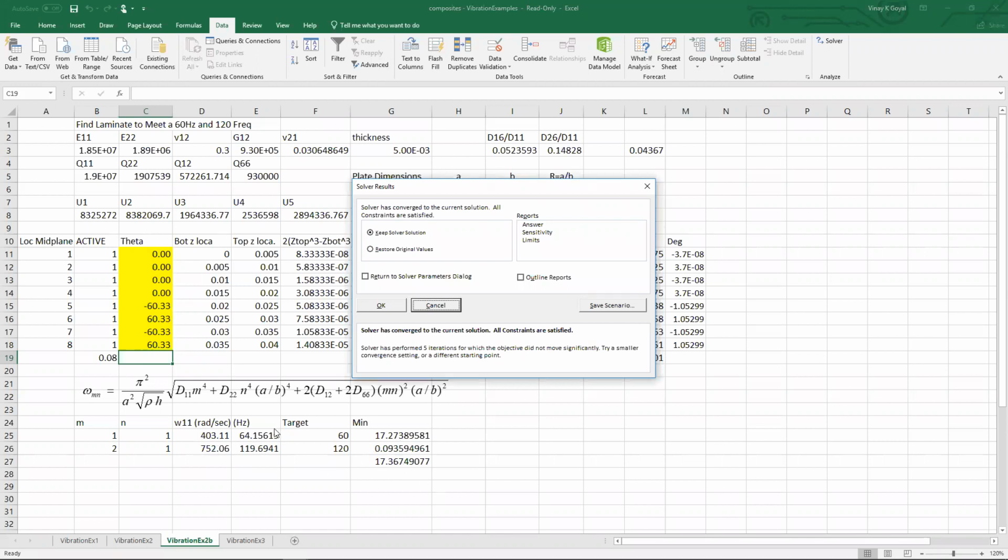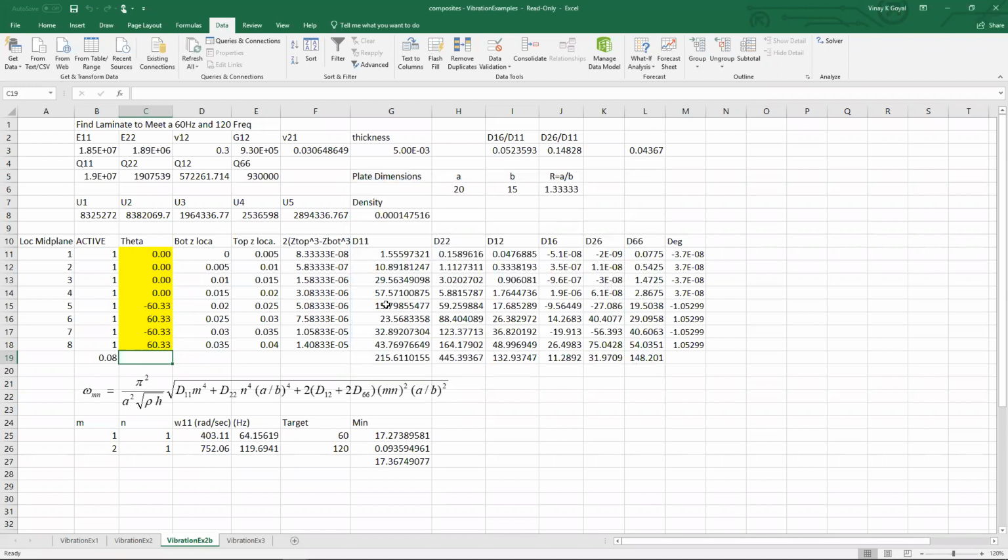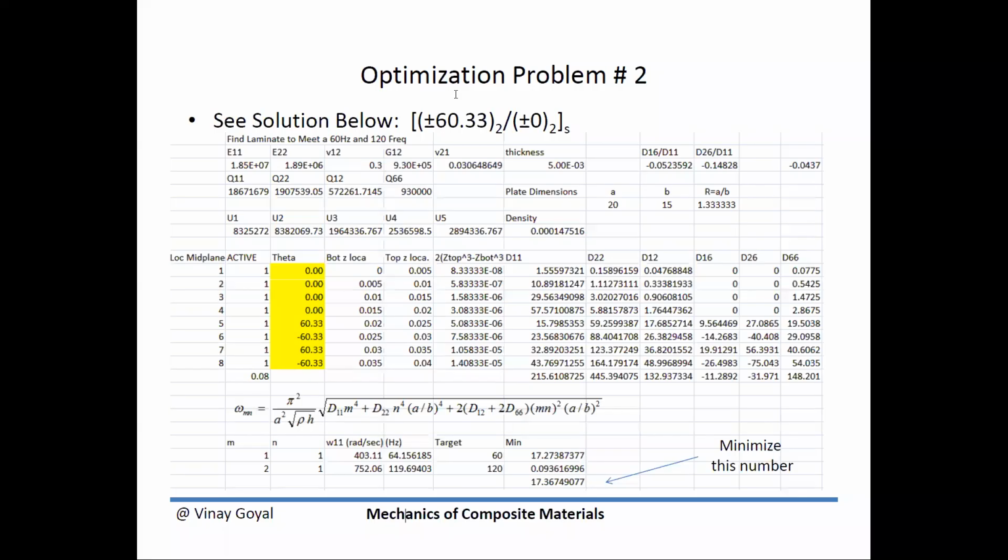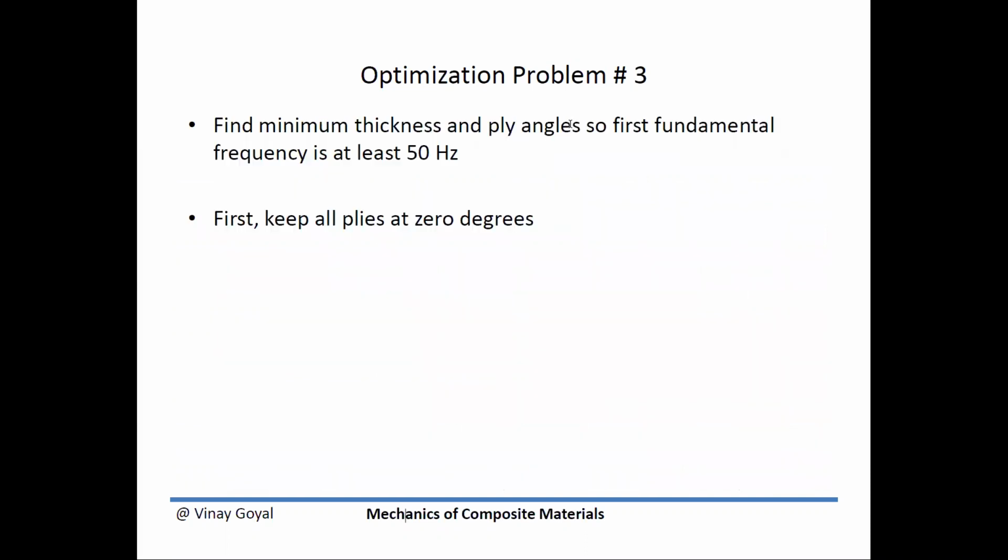The error, you know, it's not perfect. This is 4 hertz off, but it's not too bad. And it gets us close enough to what we need. So the ply stacking sequence then becomes plus minus 60.33, 2 of them, plus minus 0 degrees, 2 of them, symmetric.